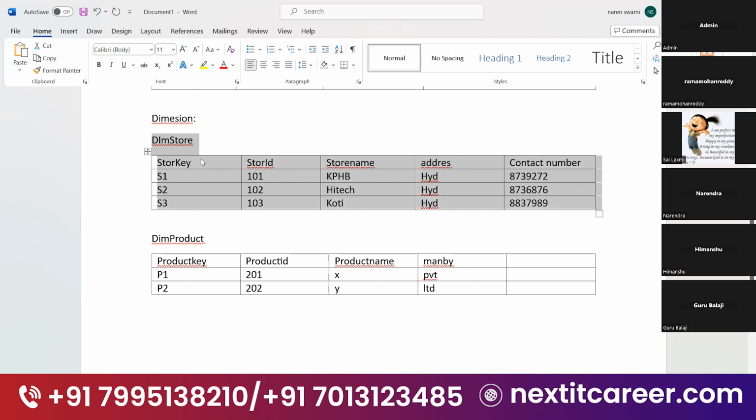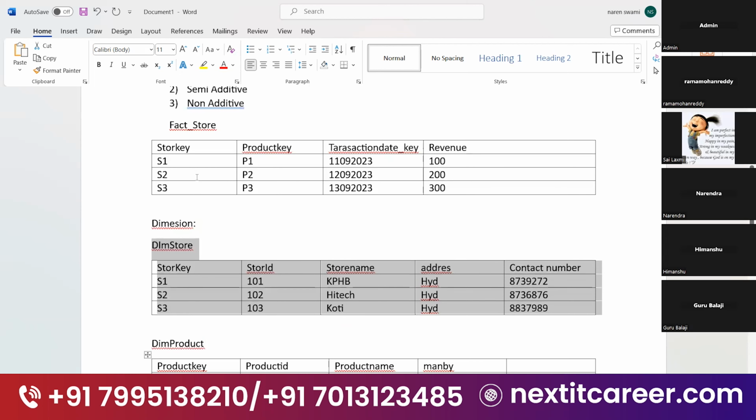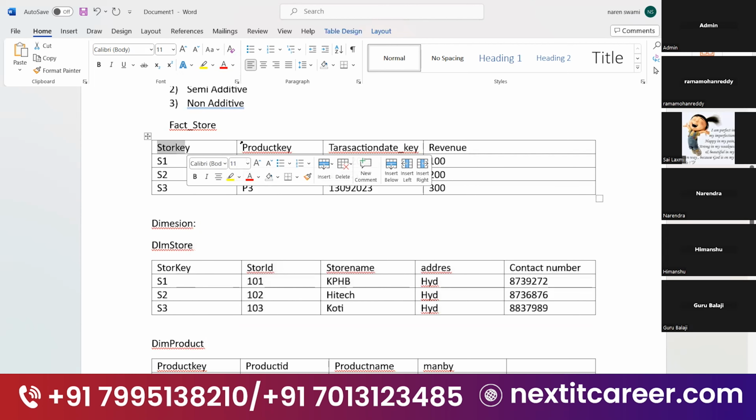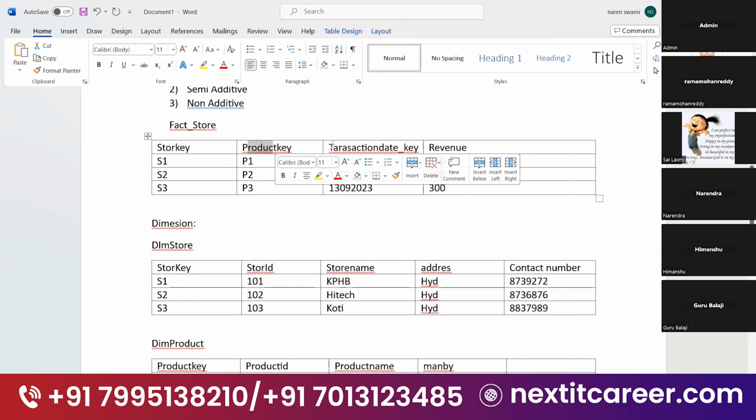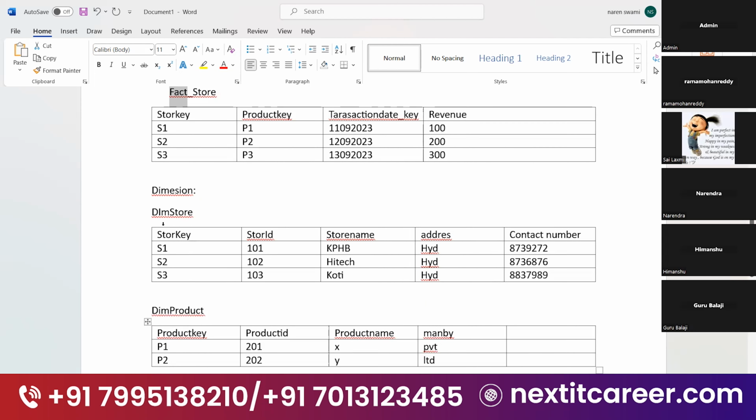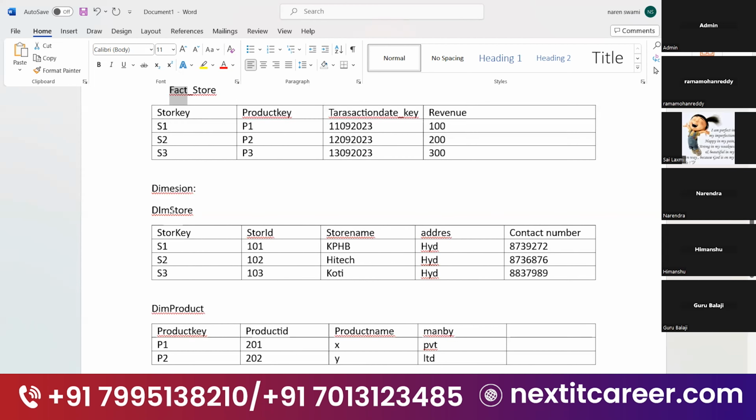Then after that, the fact table should have all the keys: store key, product key, and transaction key. Where will these store keys be acquired from? We can't load the fact table if there is no dimension. Suppose dim store is loaded, and it has a store key in the fact table.